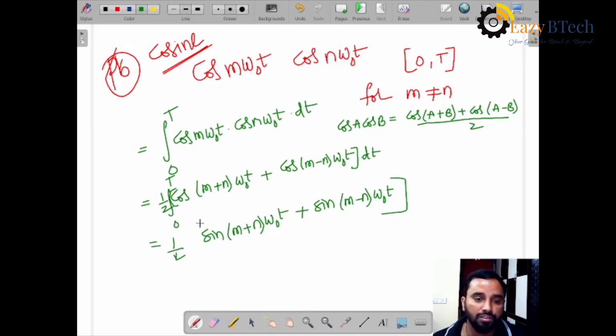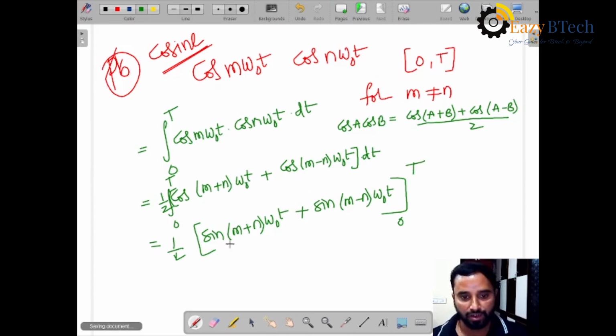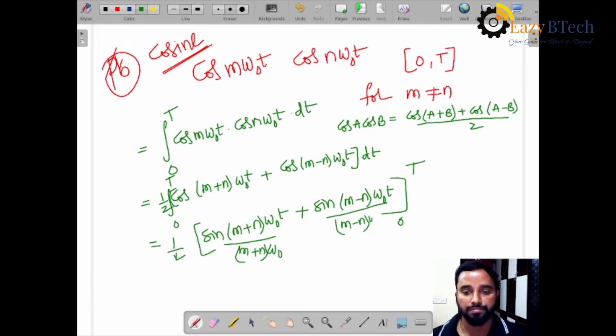Limits are 0 to T. Now let's take the upper limit and lower limit and substitute.